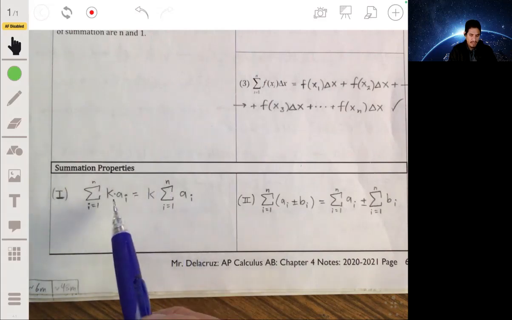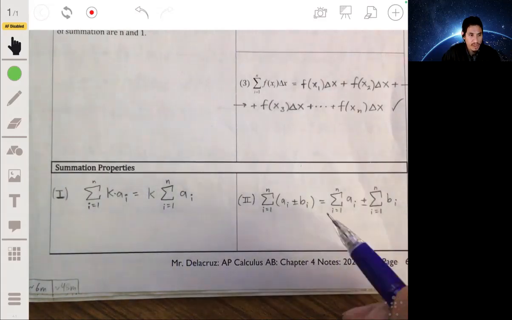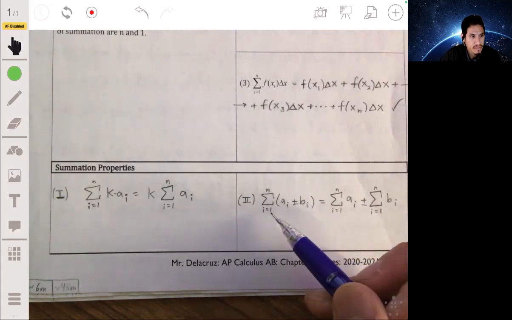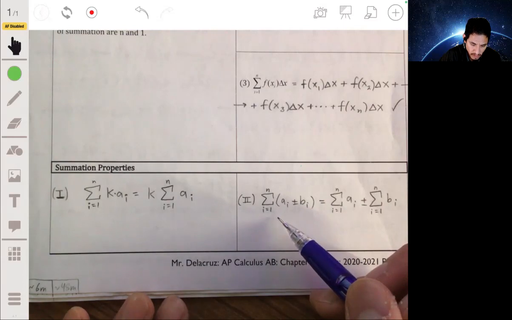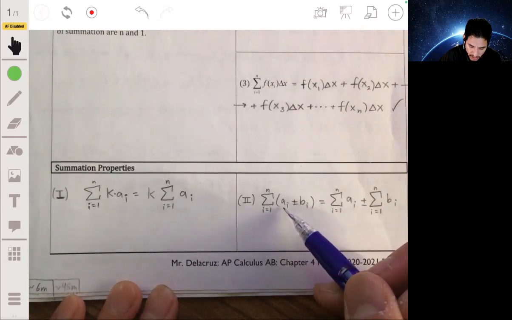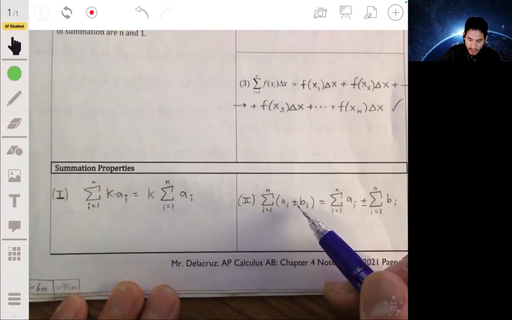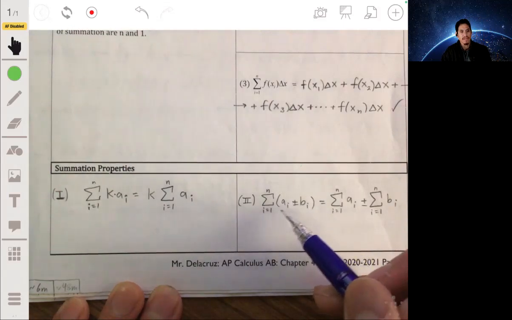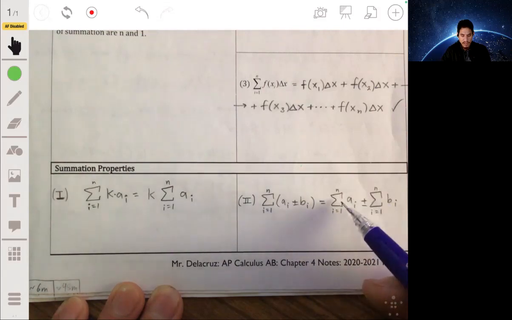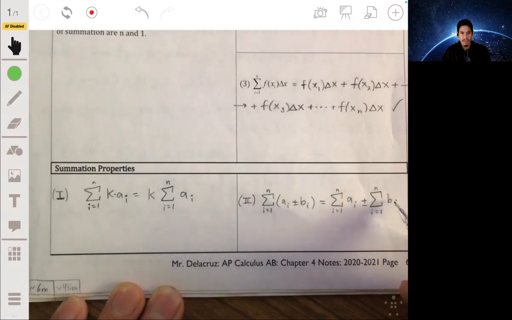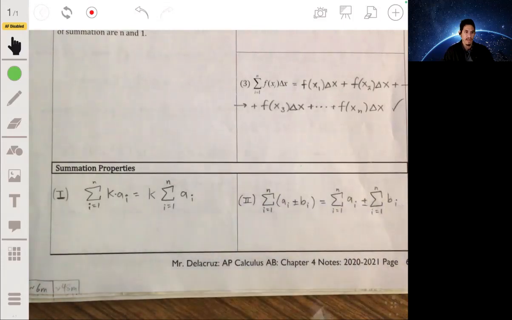So you can basically factor the k out. The second property says that we can add two series up. So we have terms a sub i and b sub i in two series. Then we can break it up as the sum of the a sub i terms plus or minus the sum of the b sub i terms going from i equals 1 to n.